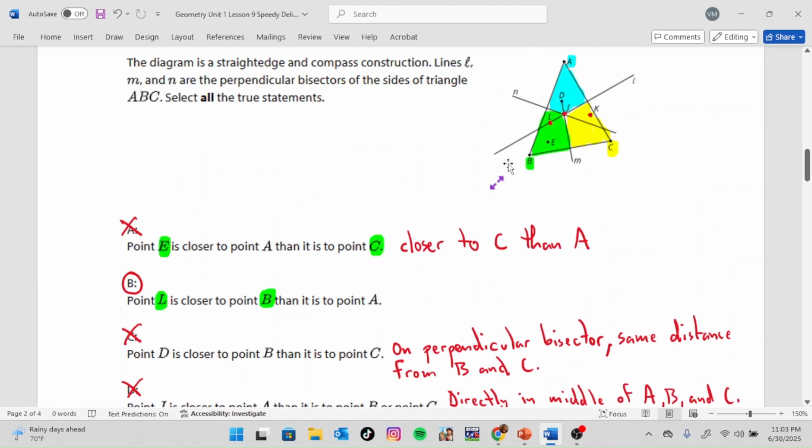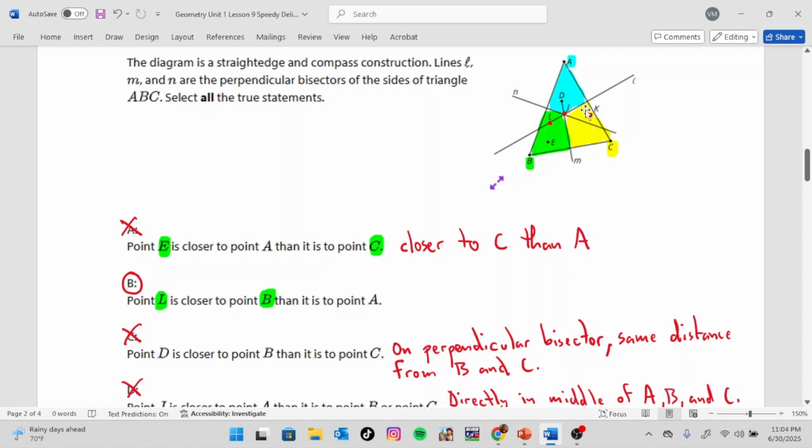So the main point of this whole practice problem is for you to understand these perpendicular bisectors are cutting a line segment directly in half at a 90-degree angle. Therefore, everything on one side of the perpendicular bisector is closer to that side's point.